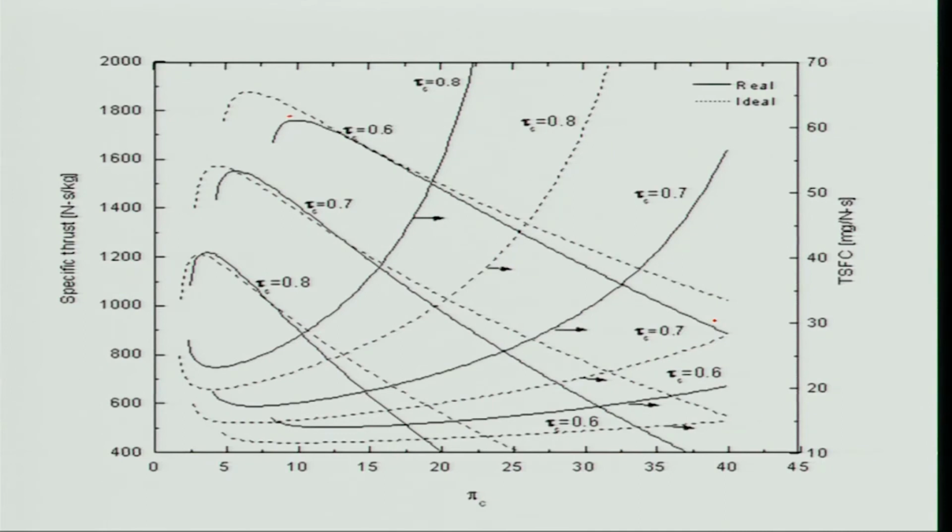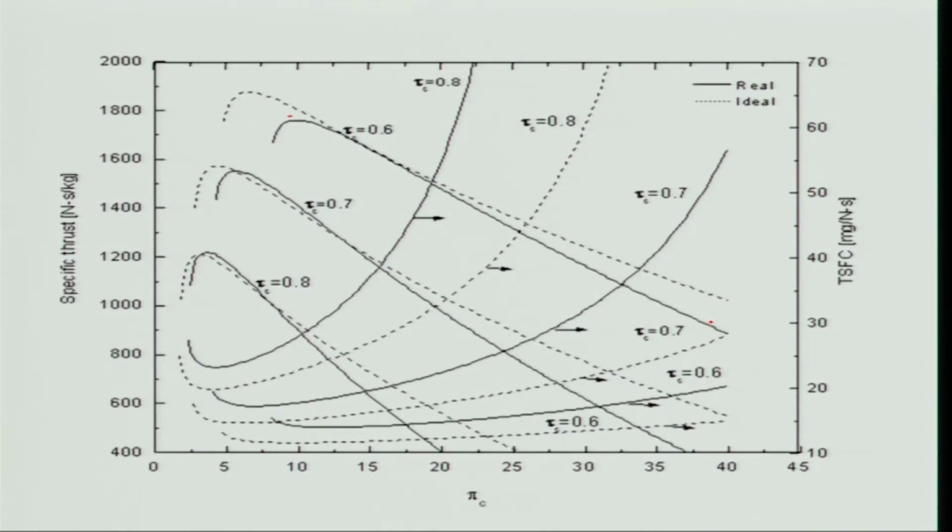And in the case of the ideal cycle it has a similar nature, but the only thing is that in the case of the real cycle you are getting lower values over most of the pressure ratio range across the compression.